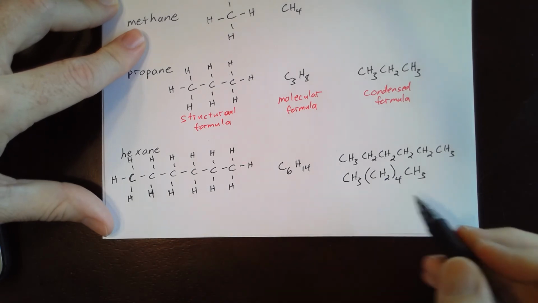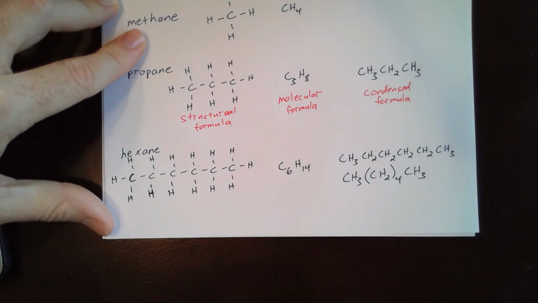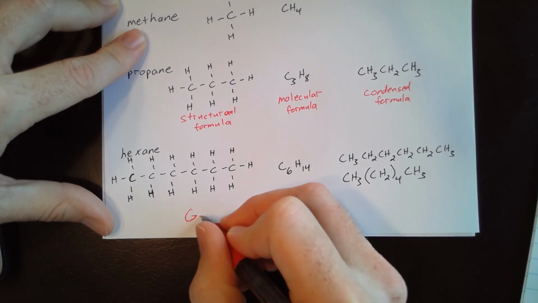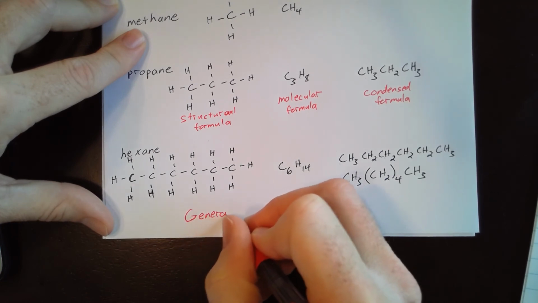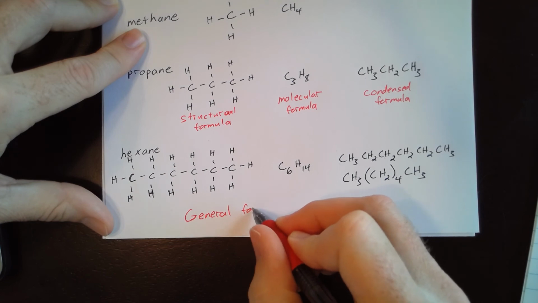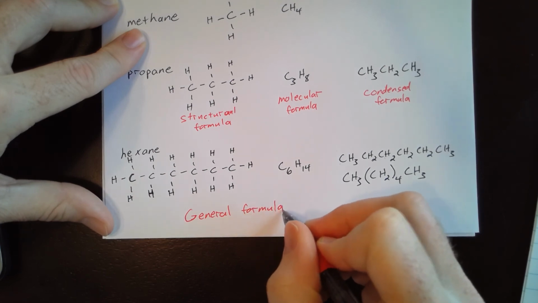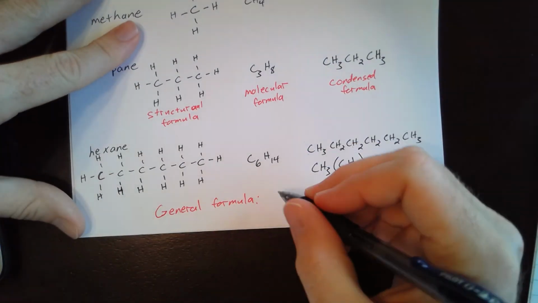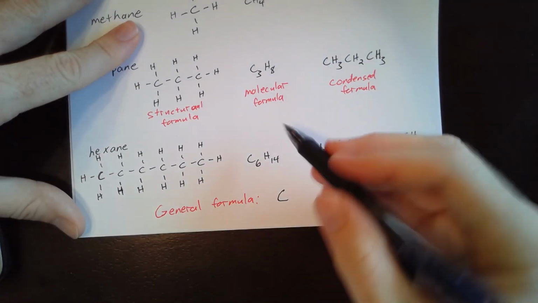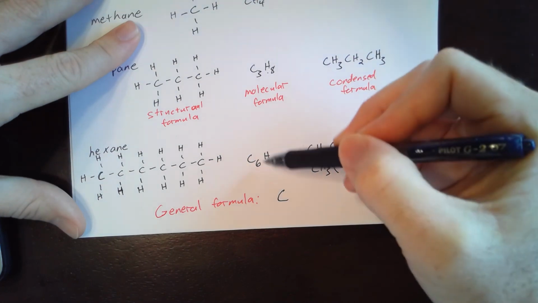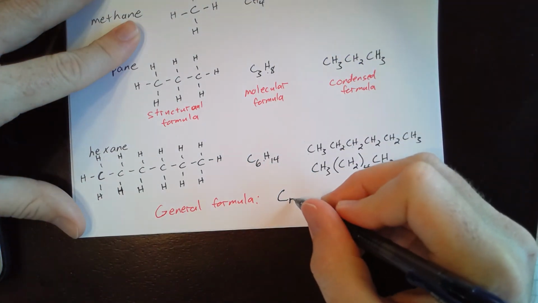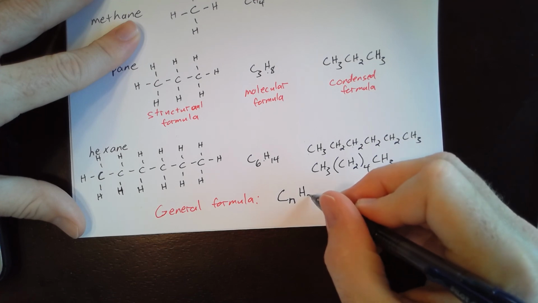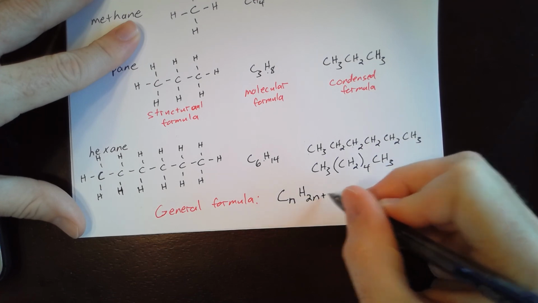So there's one other thing. There is what we call a general formula. And that's the formula that's in charge of all the other formulas, right? You could tell that there's a pattern right here. So the number of hydrogens is going to be 2n plus 2, where n is the number of carbons.